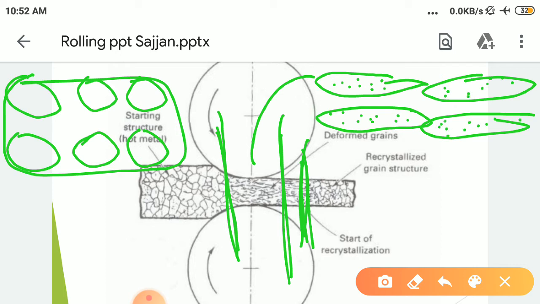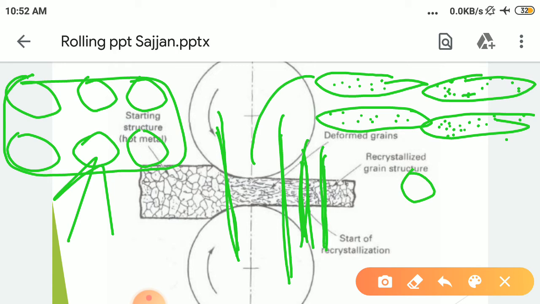In the recovery phase, we retain our physical properties without any change in mechanical properties. And again after some time, after this stage, we'll have recrystallization. Recrystallization means we will again get our grains in the form of grains like this.